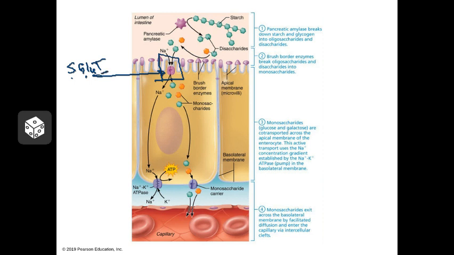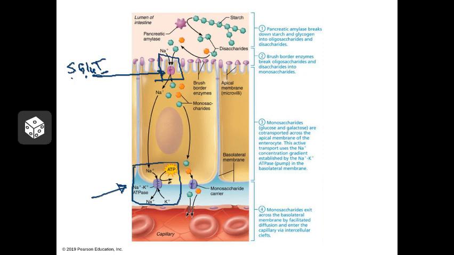It uses secondary active transport. You may have to reach back into A&P II Chapter 23 to remember this. What is the primary active transport? Well, it is our sodium-potassium pump that starts this whole cascade of activity.